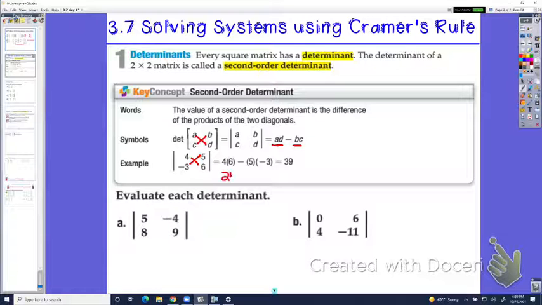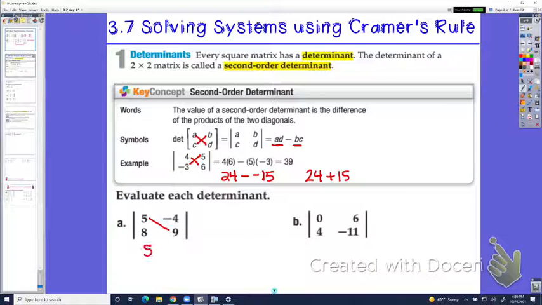So this ends up being 24 minus a negative 15, which turns into 24 plus 15, and that's how they're getting 39. So if we look down at the 2 examples we're going to do, it's always the left cross product minus the right one.